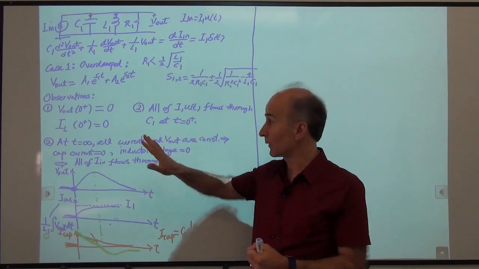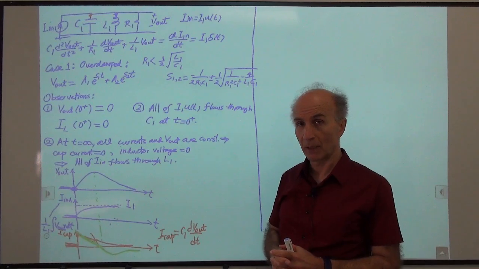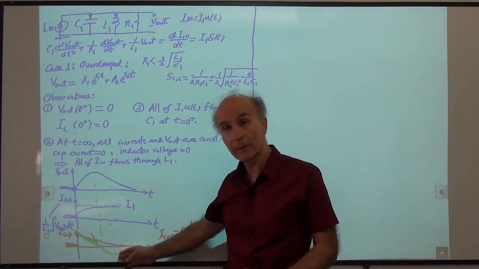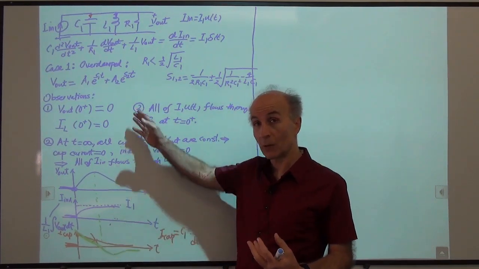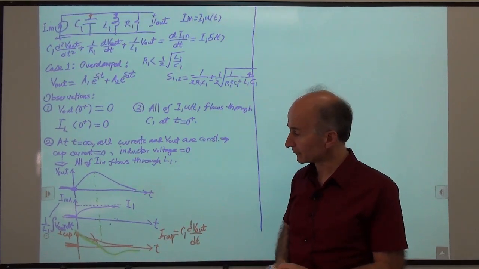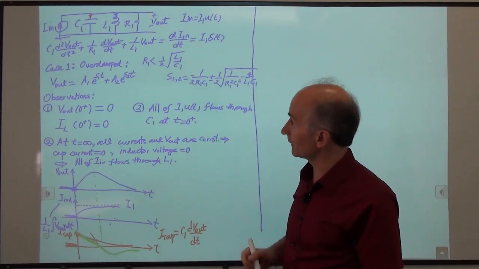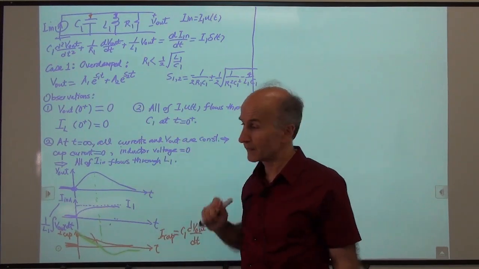All right? Even for the overdamped situation. So that's something that we have to keep in mind. And as long as we intuitively understand what's going on, then that's sufficient, right? We don't have to worry about how the equations predict these. Of course, the equations should agree as well. Okay, so these were some qualitative looks at the behavior of the circuit in the case of overdamped response.